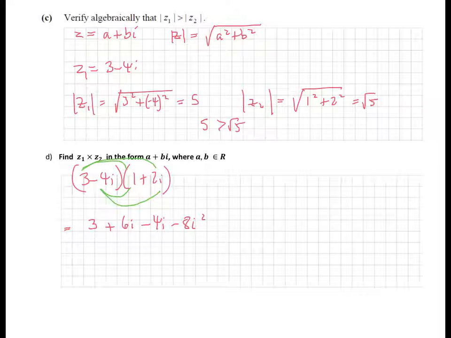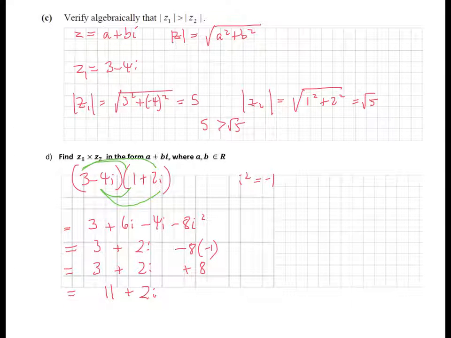Now if you remember from the top of the page, it mentions that i squared is equal to minus 1. So when we tidy this up, minus 8 lots of minus 1 will give me a positive 8. So when I add that 8 onto the 3, I get the answer 11 plus 2i.